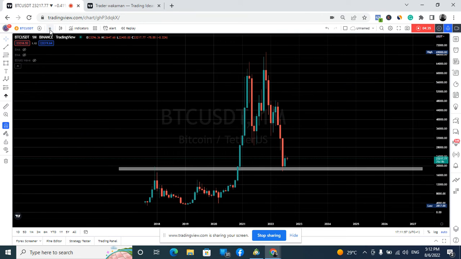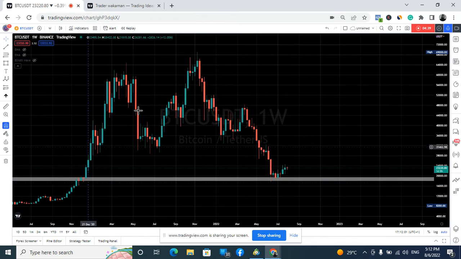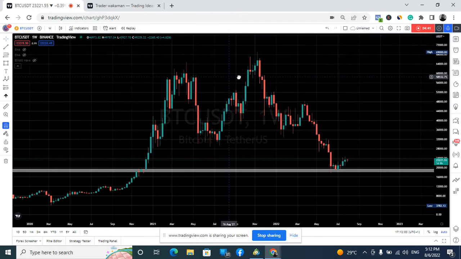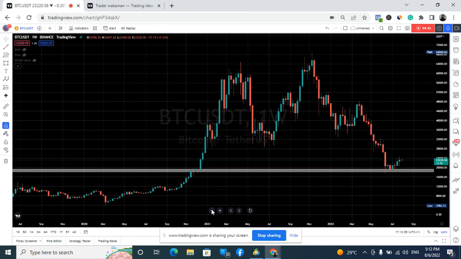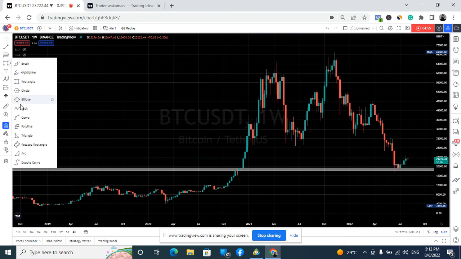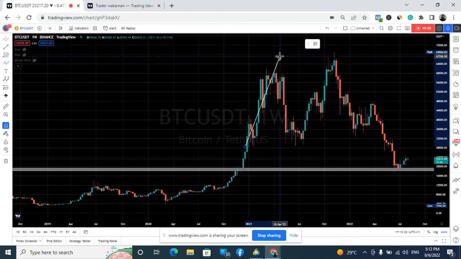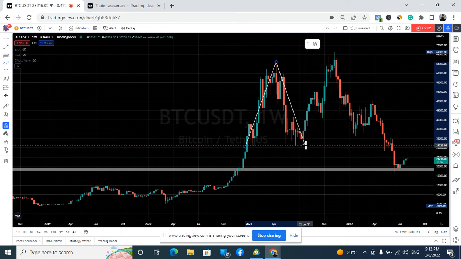So let's go to weekly time frame. You see that around this side, when the market did the 1, 2, 3, 4, 5, it showed some behavior as if this is a head and shoulder pattern.